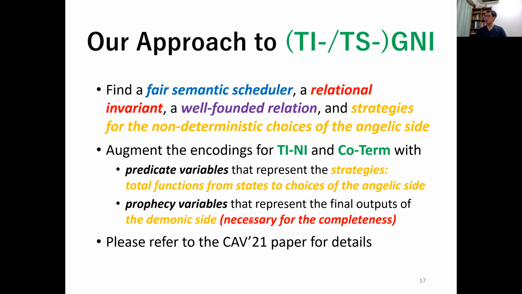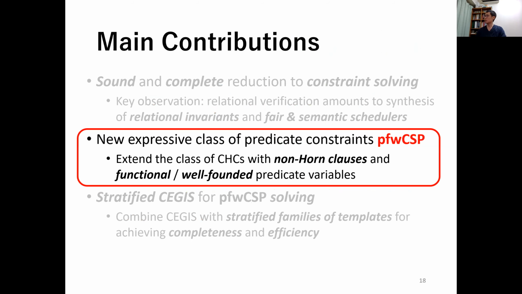This part is necessary for this encoding to be complete. I refer you to the CAB paper for details. Okay, so that's the reduction of relational verification problems to constraint solving.